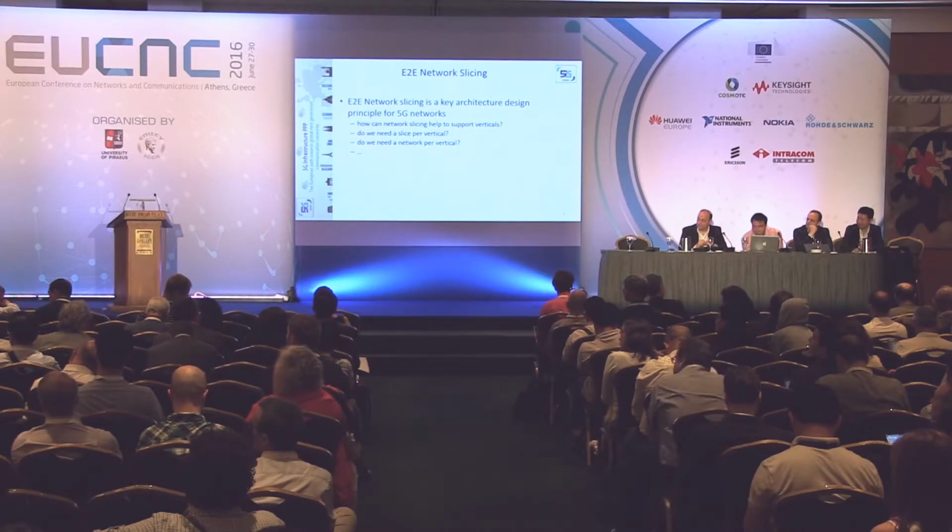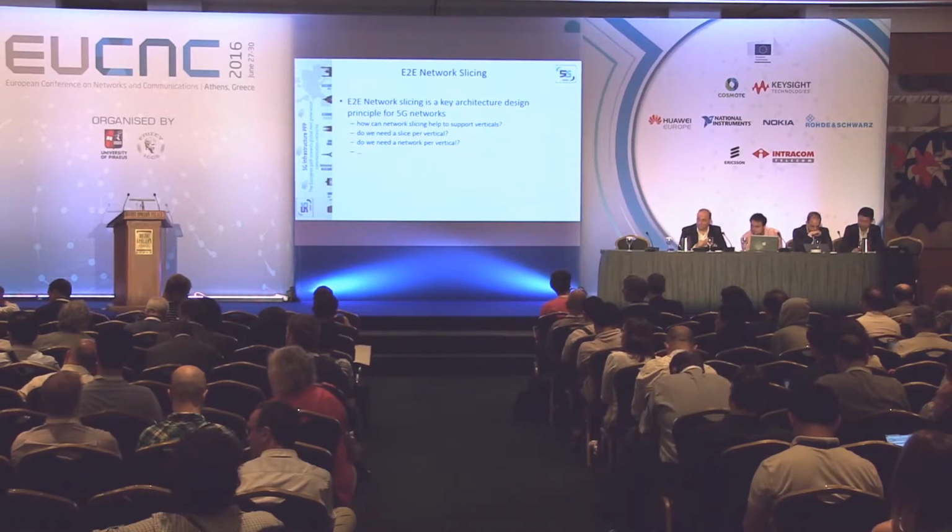So, because it's so fundamental now, does it mean, and this is a question for Ikaros, because he's the odd one out as far as I can see, does it mean that whatever architecture you are proposing is going to be obsolete in a matter of a few weeks? Because it needs to be updated for slices and other things which go well beyond the borders of the RAN and core.